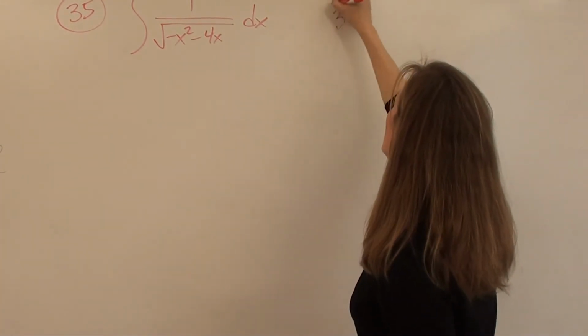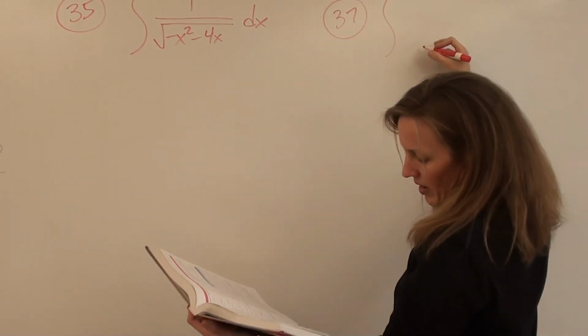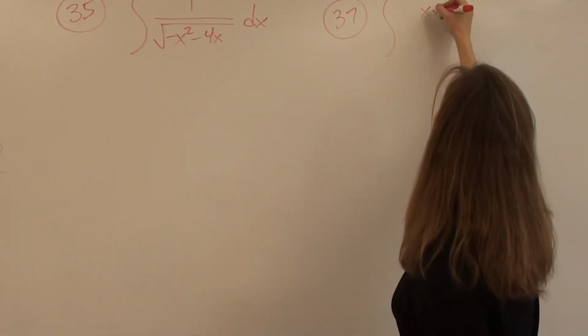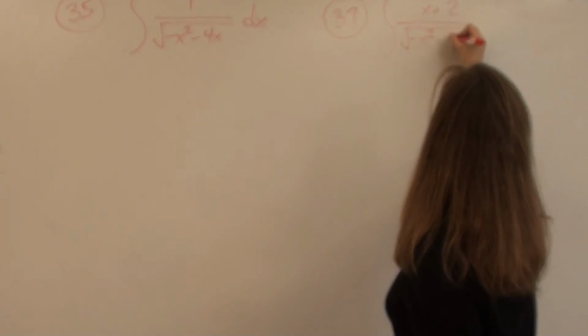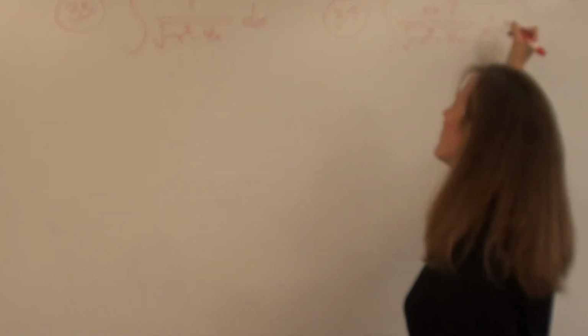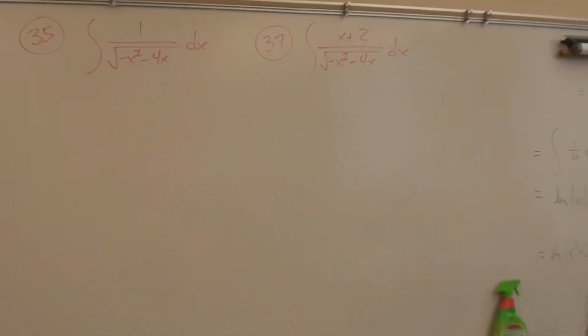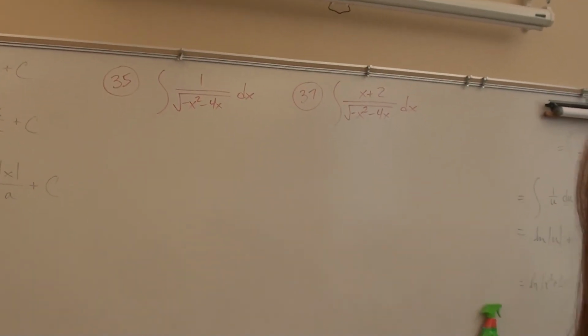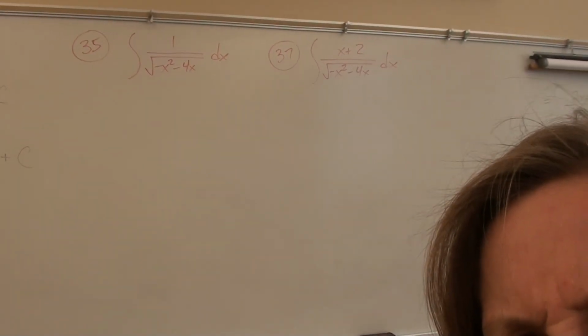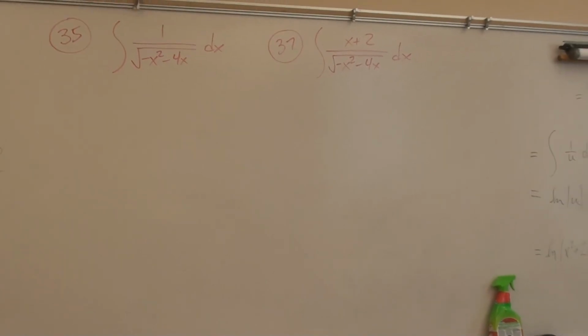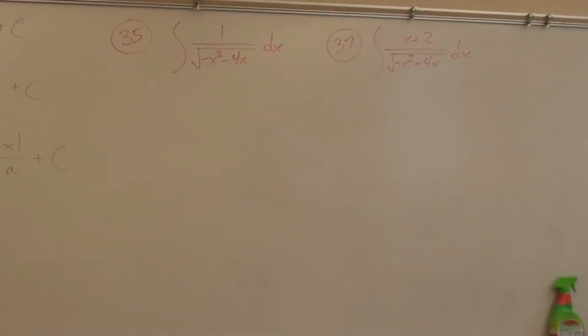And 37 is the integral of x plus 2 over the square root of negative x squared minus 4x. These are very similar problems.